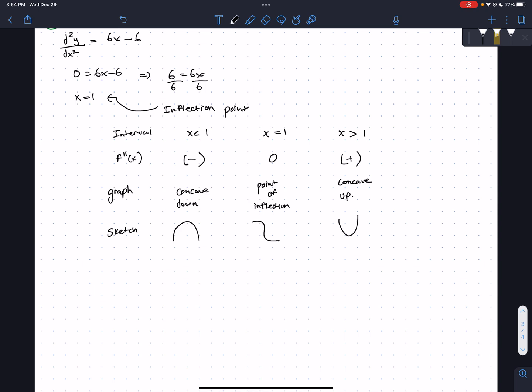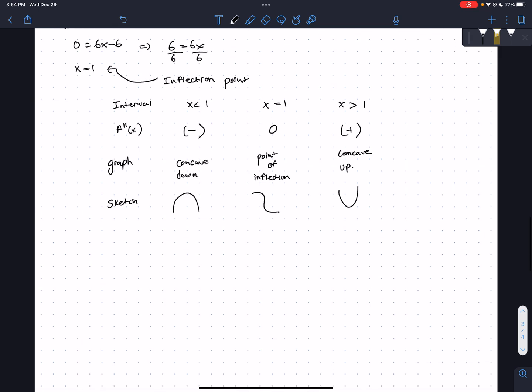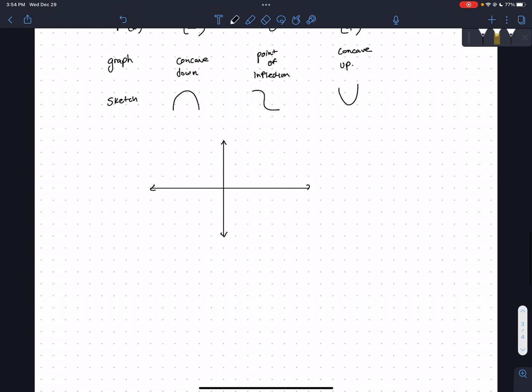Okay, so how does this function actually look? Now you could take all the things we just learned and figure out how we can draw this, right? Because we know our critical values, like we have above, are at -1 and 3.